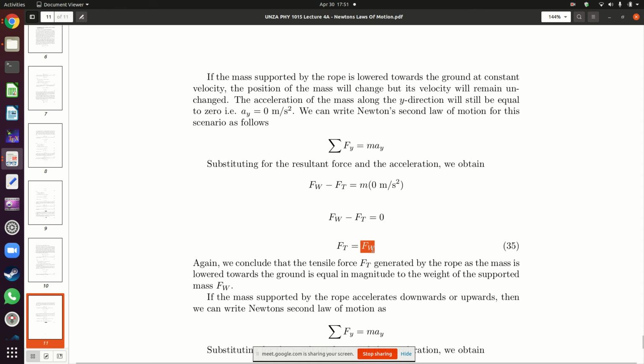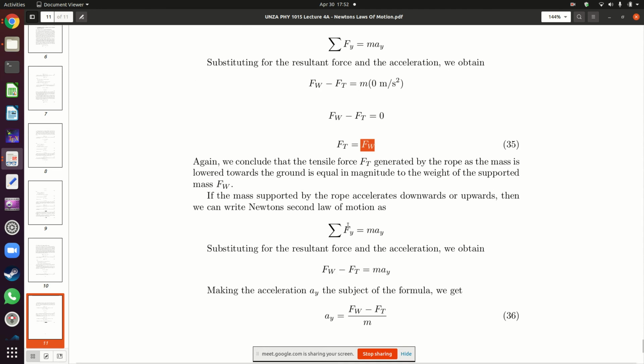So if the mass is not moving, but this mass is hanging on a rope, the weight of that mass is equal to the tension. If the mass is moving up or down at constant velocity, again, in that situation, there is no acceleration. So that basically means that the tension in that particular rope is going to be equal to the weight.